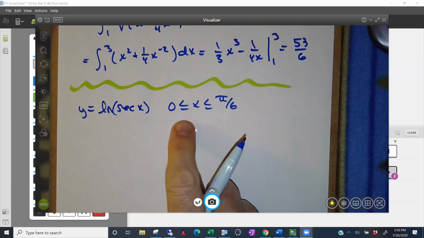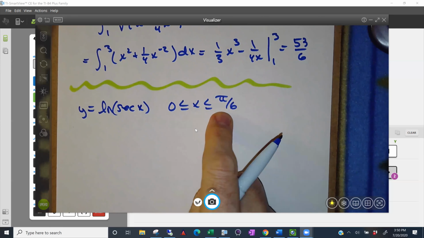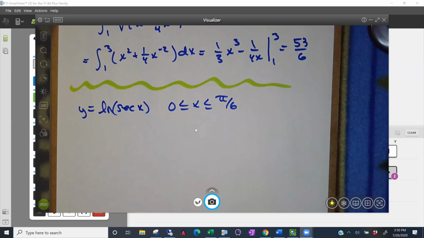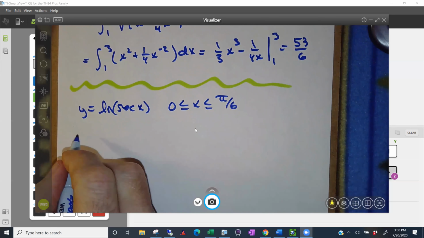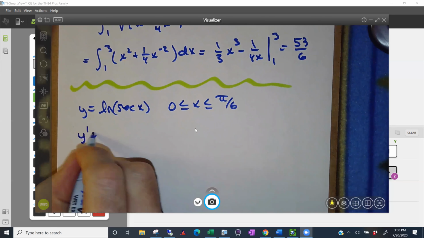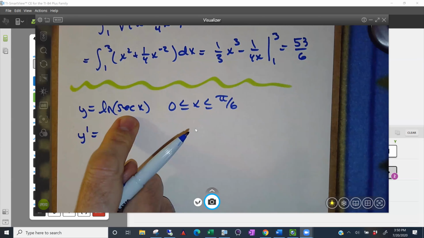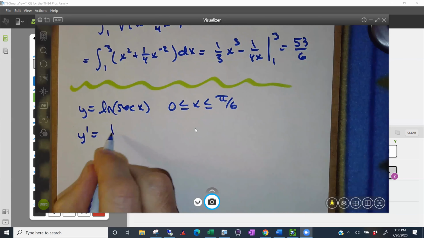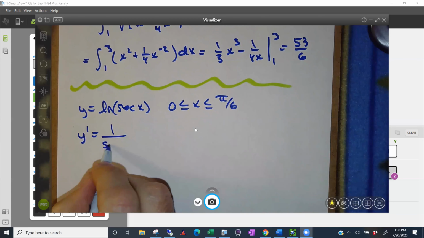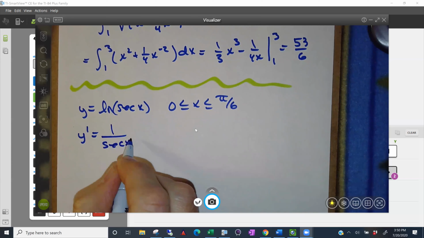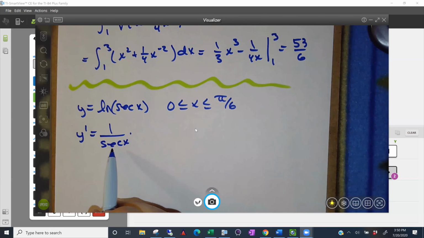We want to find its arc length between 0 and pi over 6. So let me anticipate something. I need the derivative. Remember how to differentiate the log. It's going to be 1 over u, which is secant x, times the derivative of u.